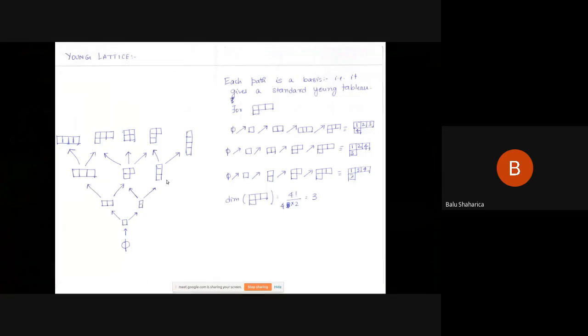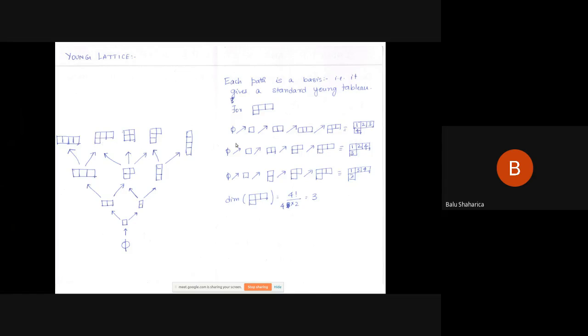One interesting thing about this is, without even writing out all the standard Young tableaux to get the basis, we can just count the number of paths to that particular Young diagram. So, for example, if I take this Young diagram, there are three ways I can go to it. One way is like this, there's one way like this, and there's another way like this.